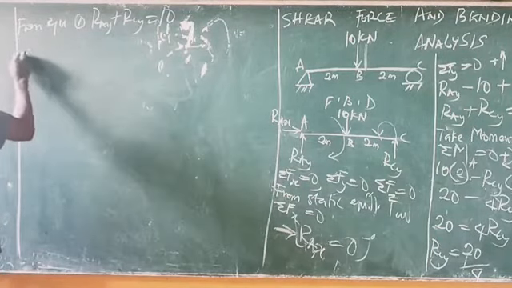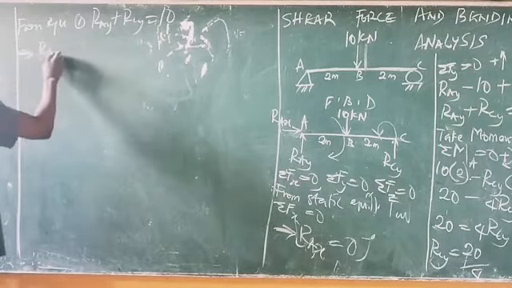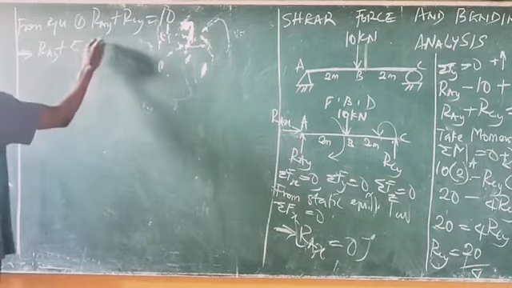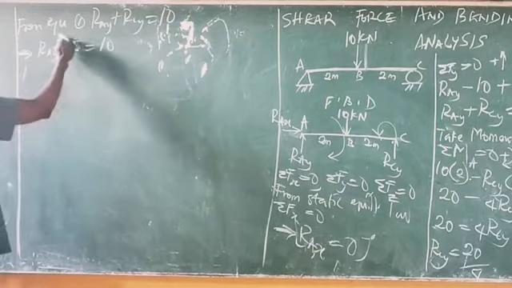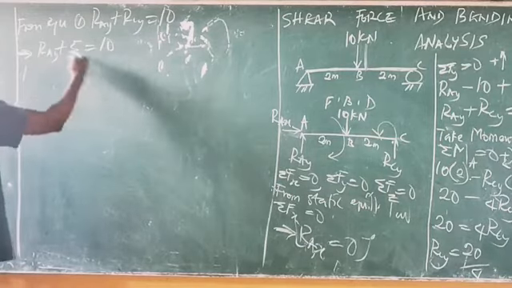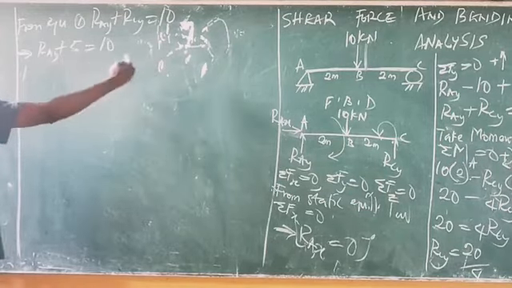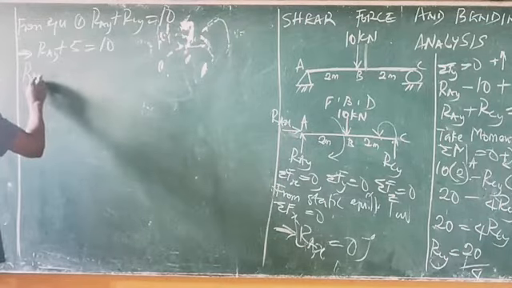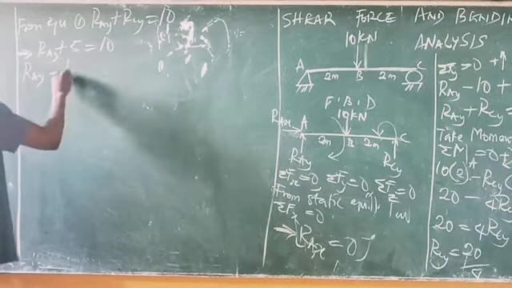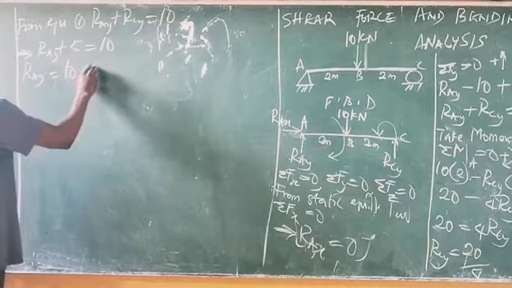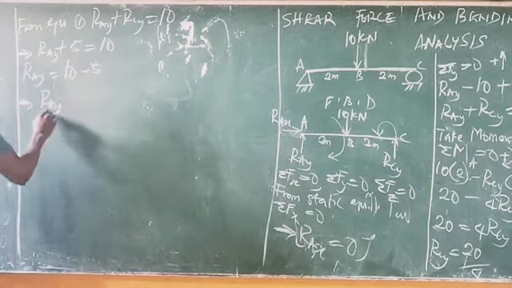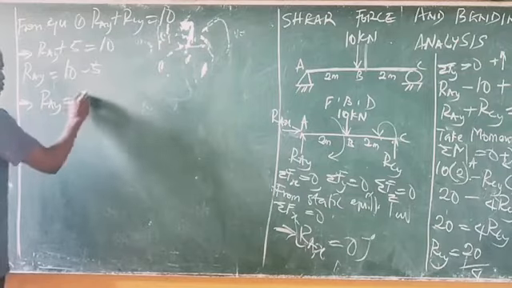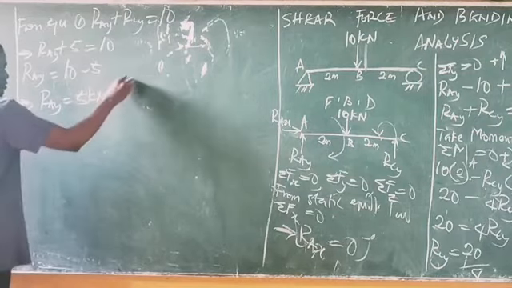So in place of RCY, we have RAY plus 5 equals 10. Let's send plus 5 over to this side of the equation. Plus across the equal sign this time becomes negative. So we have RAY is now equal to 10 minus 5, which is simply 5 kilonewtons.